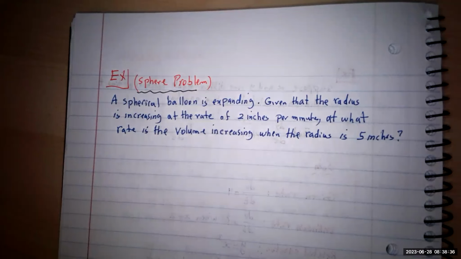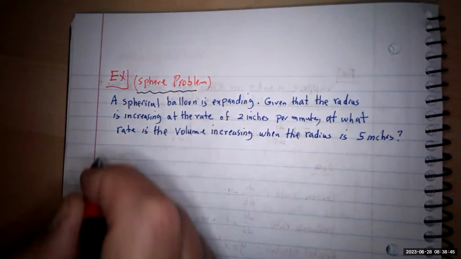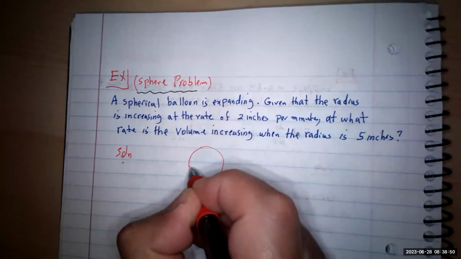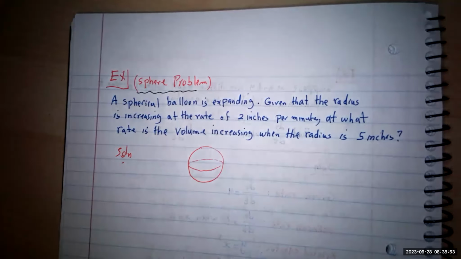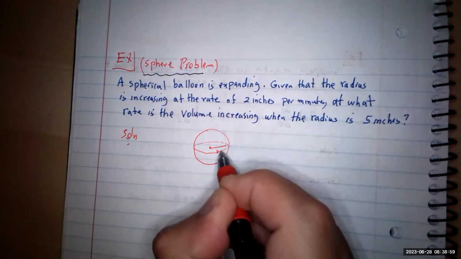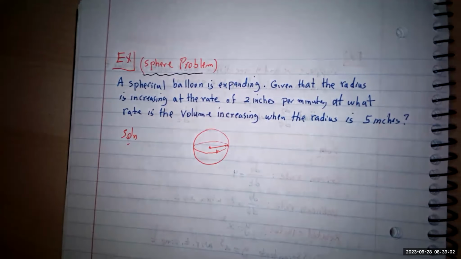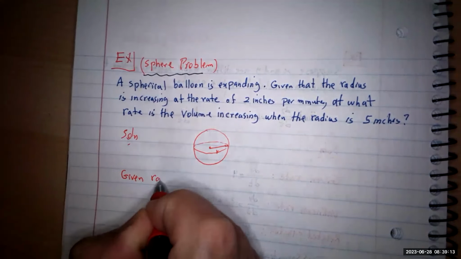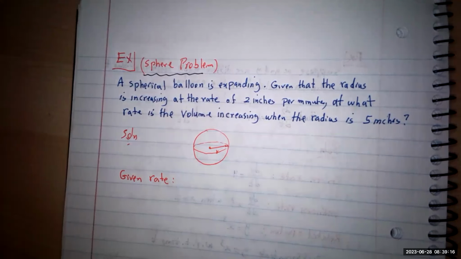So let's analyze it to see what is given and what the unknown is. Solution. This is going to be a sphere that we have. There's going to be a radius, which we denote by r, and there is going to be a volume. So we set up the problem by identifying the given rate. Read the problem to see what the given rate is.